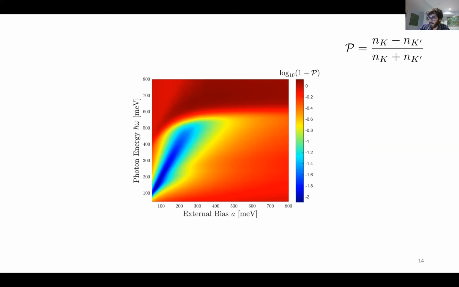So the way we got this plot was we used a density matrix formalism in which we solved the resulting equations of motion using first-order perturbation theory. So we allow for the linear absorption of a right-hand circularly polarized Gaussian pulse. We then integrate the electron populations around each valley. And then we do that across a wide range of biases and frequencies, and calculate the valley polarization that results.